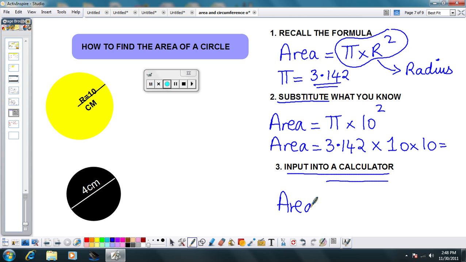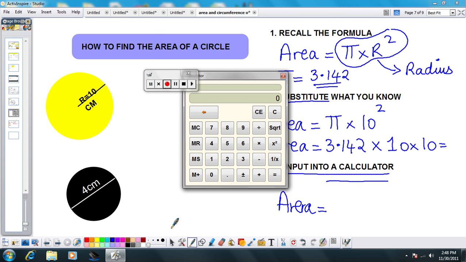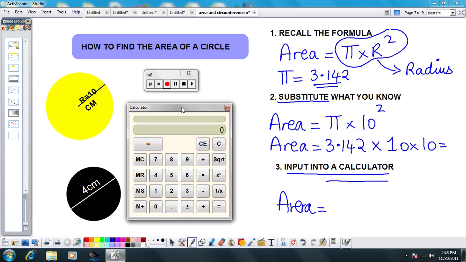So let's take a calculator. The area is going to be 3.142 times 10 times 10.